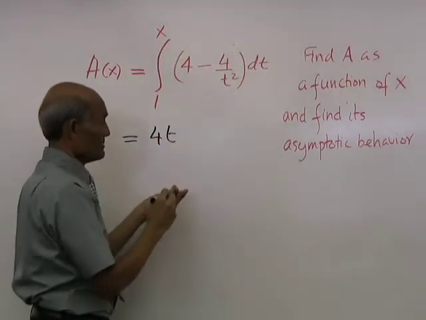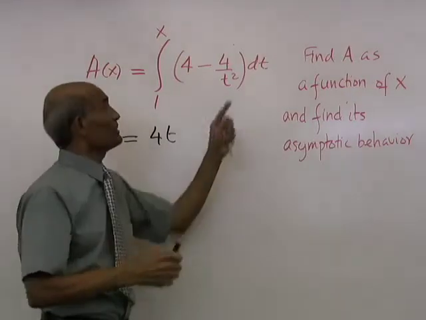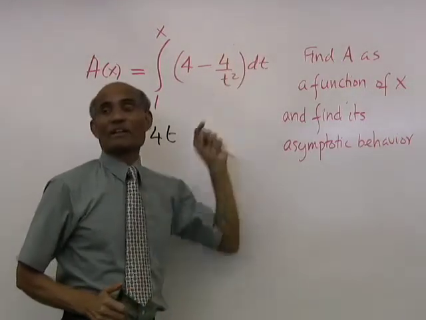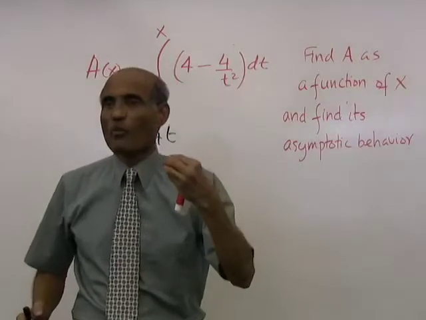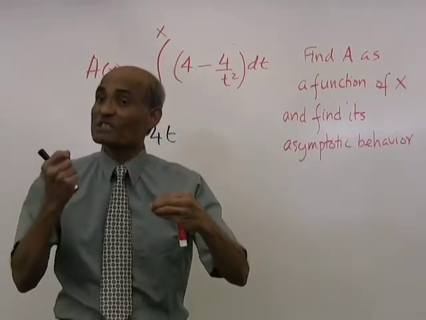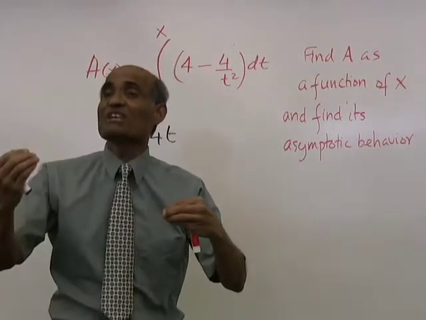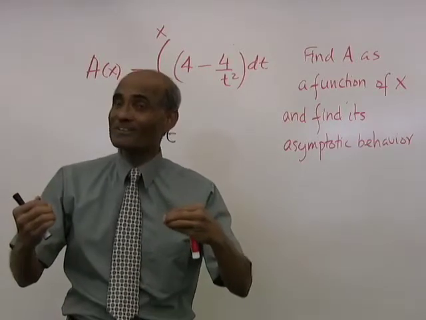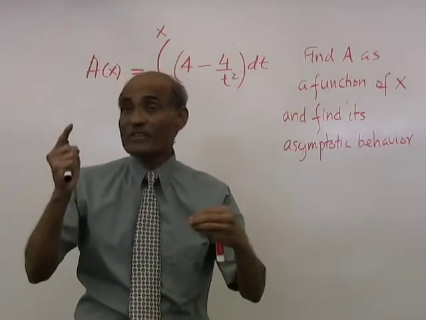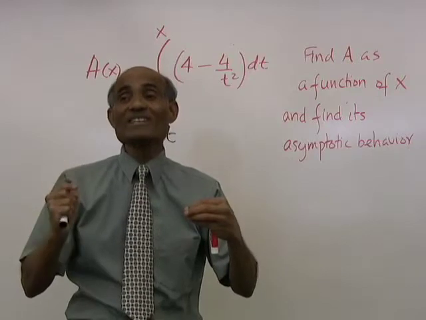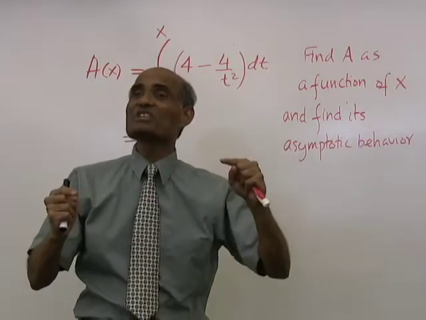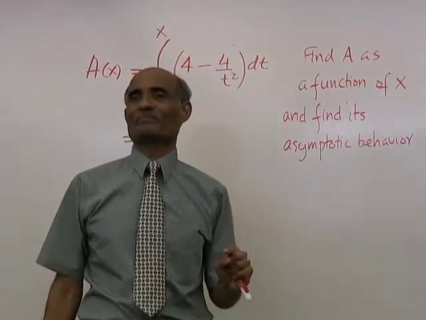And now, let me see if you remember. Look at this. The derivative of 1 over t with respect to t is negative 1 over t squared. Is that right? Therefore, the integral of 1 over t squared is negative 1 over t.